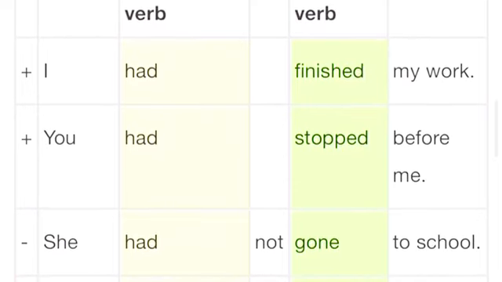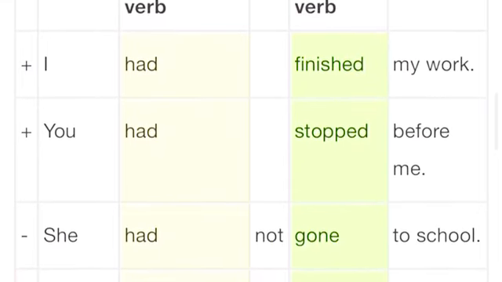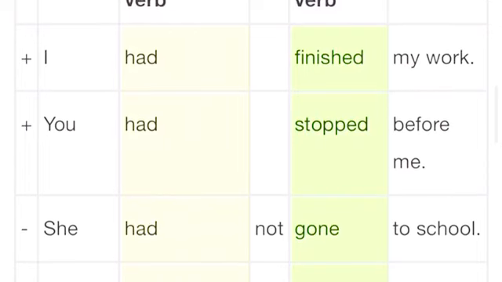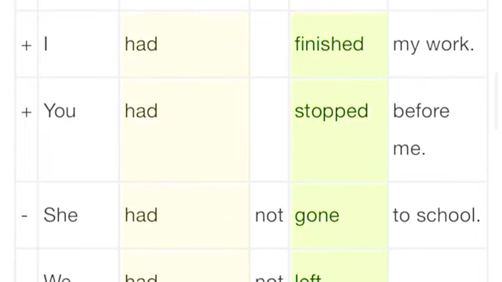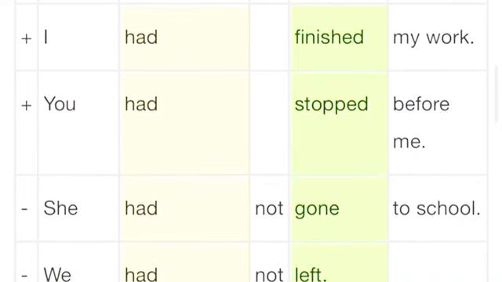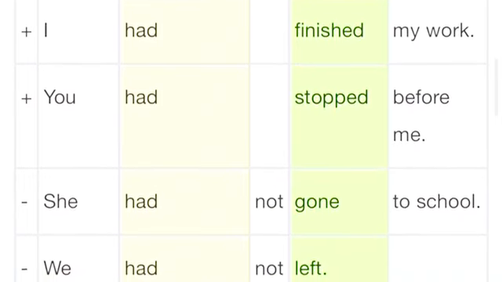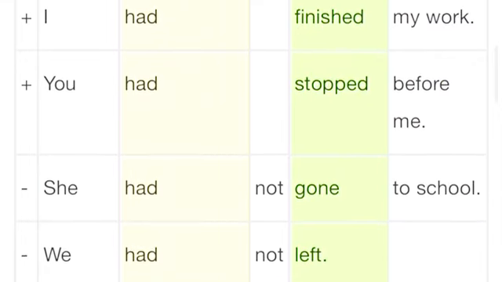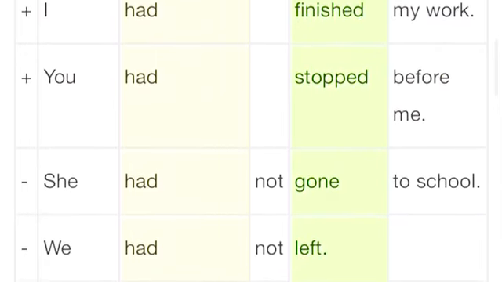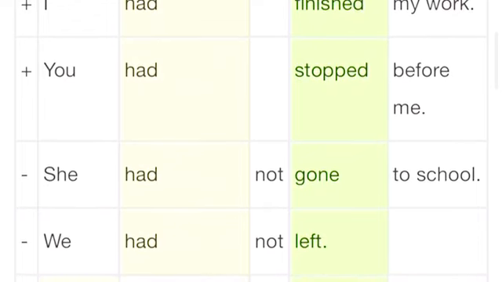The main verb is finished, that is had plus V3. Understand this formula: did plus V1, but we are not talking about the present tense here, we're talking about the past tense, therefore we'll be using had here. So had plus V3, this is why it is here had finished.